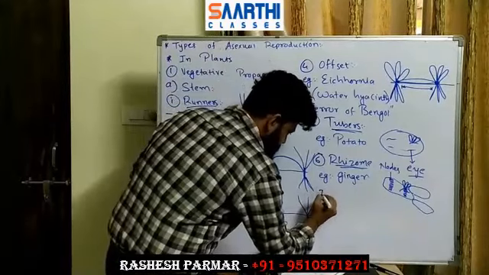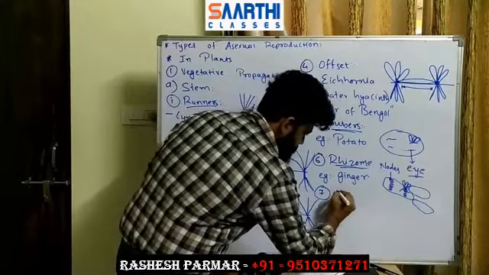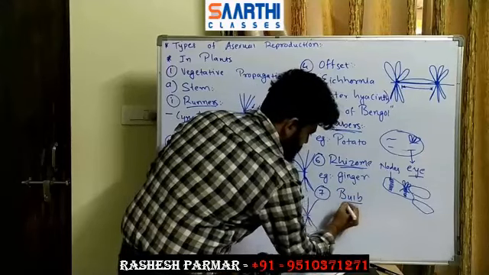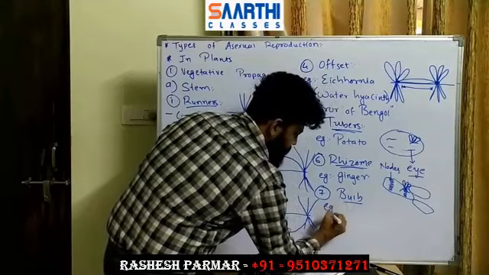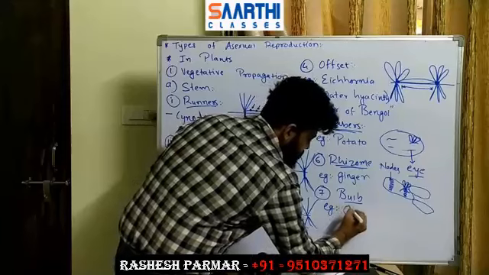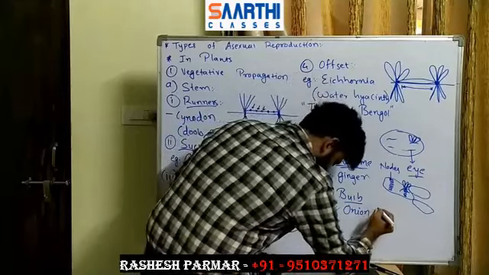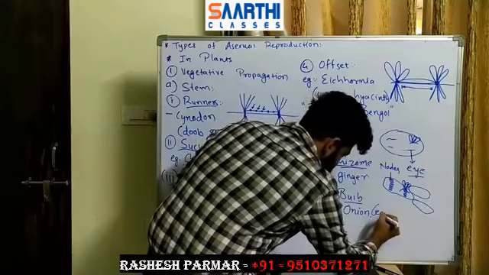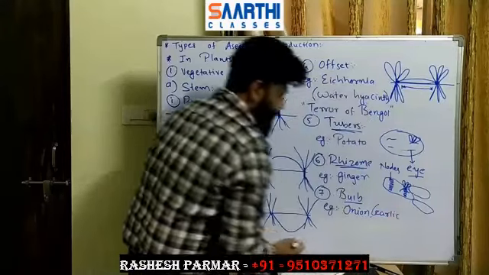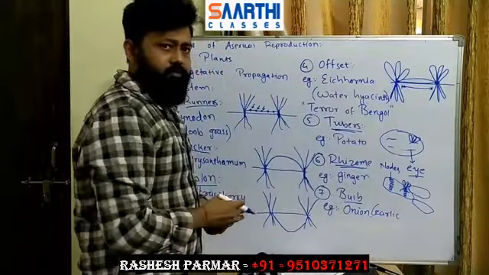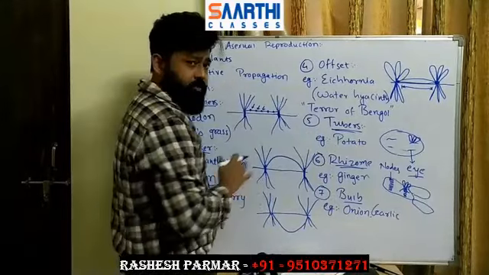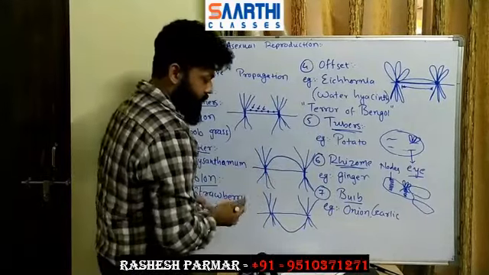Seventh is bulb. An example of bulb is onion or garlic. We have already seen all these examples, so we are not going to discuss them over here.